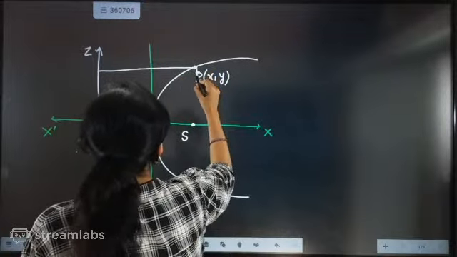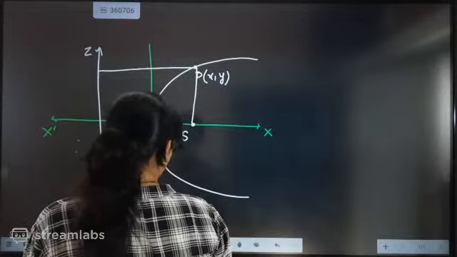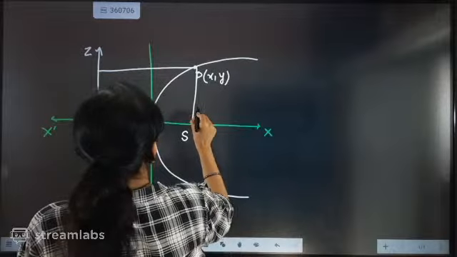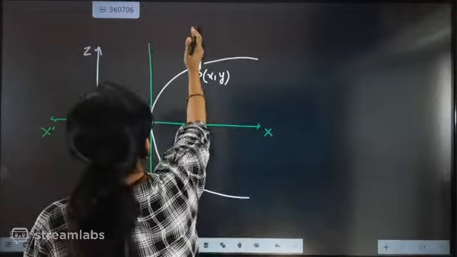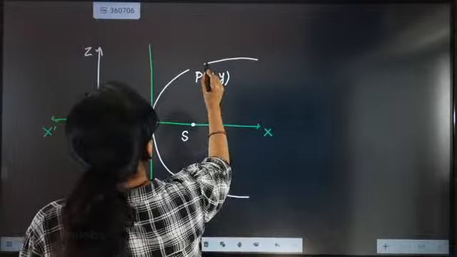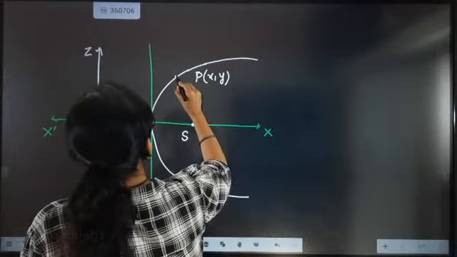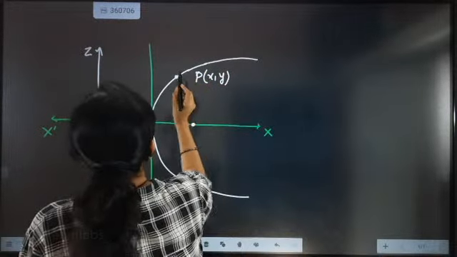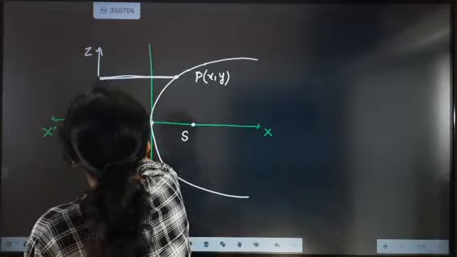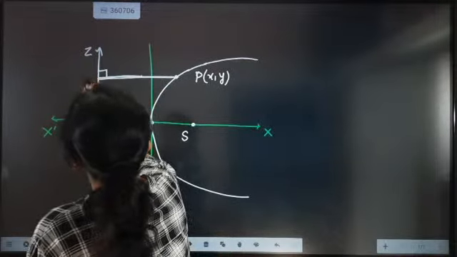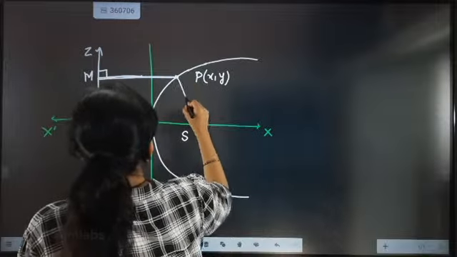So this is going to be point P, so that I can draw it straight. This is M. Now this is going to be PS.